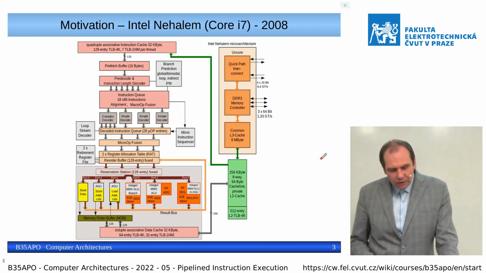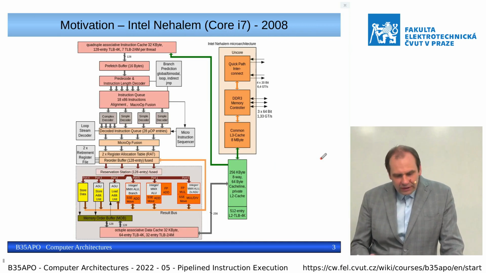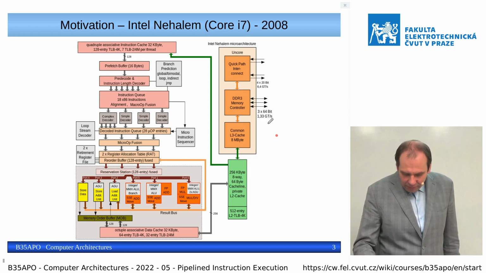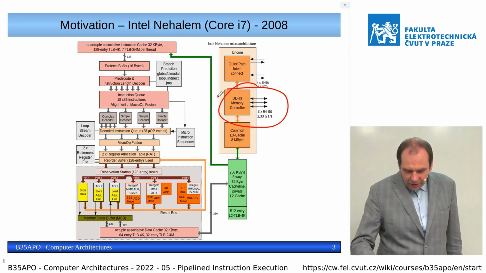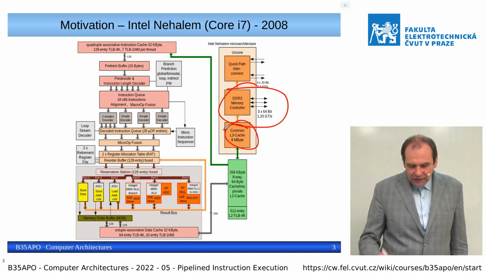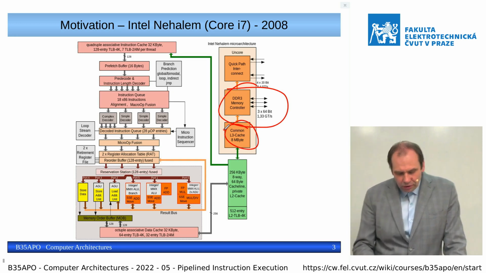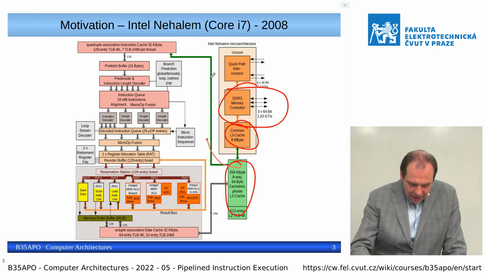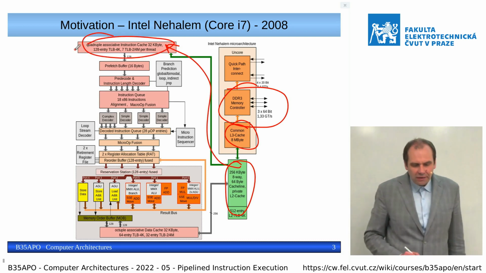Then there is another example, the Intel Nehalem architecture, Core i7. Again, there is a connection to the external memory, so there is a memory controller. Then there is an 8 megabyte cache shared between all cores on a chip. And then there is an L2 cache, 256 kilobytes, and it feeds data to the instruction L1 cache.